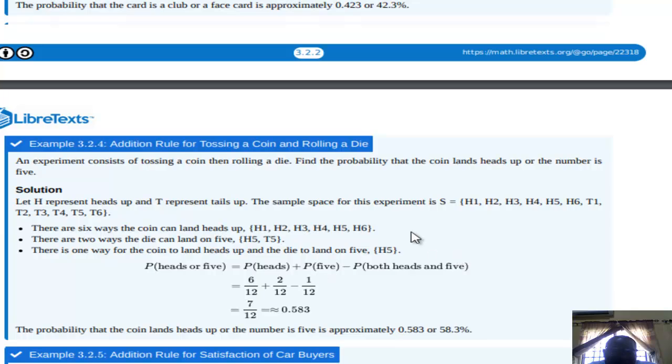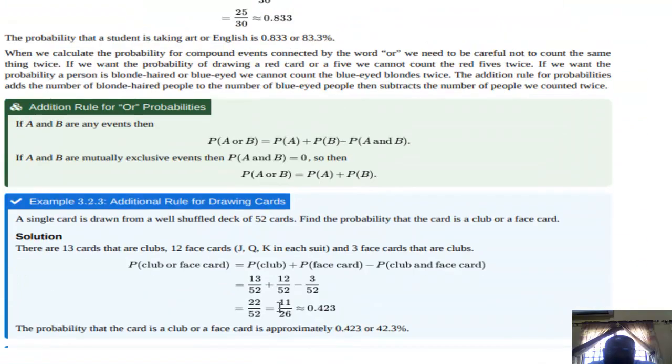Looking at it, it's going to be 1 over 12. So the probability that head or 5 occurs is 7 over 12. So from this formula, the probability of event A or B occurring is the same thing as the probability that event A occurs plus the probability that event B occurs minus the probability of both occurring.